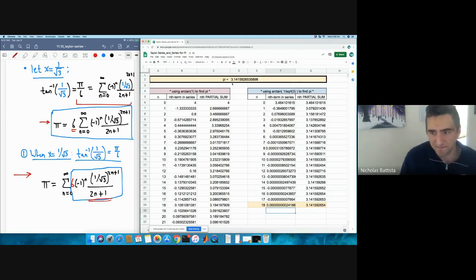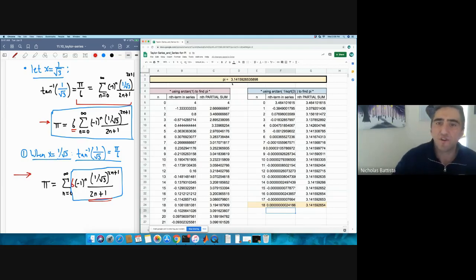So all this to say, we have a couple different series that represent what pi is equal to in an infinite series formation. Except some of those series converge to pi a lot faster. This second example, where we let x equal 1 over the square root of 3, we're getting 6 or 7 decimals of pi in only 18 terms of that series.